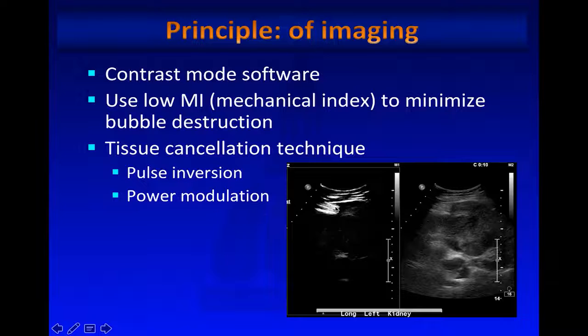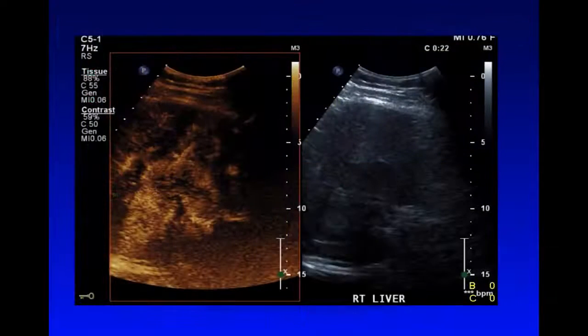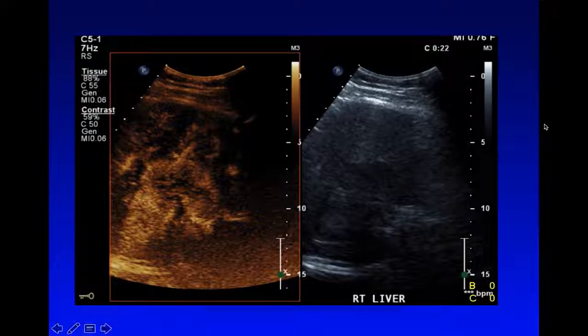Before the bubbles appear, the tissue is completely dark because the two pulses cancel each other. Once you inject the bubbles, and we do a video clip, the contrast appears bright. Here, this is a cholangiocarcinoma, which is enhancing in the early arterial phase more than the surrounding liver parenchyma.